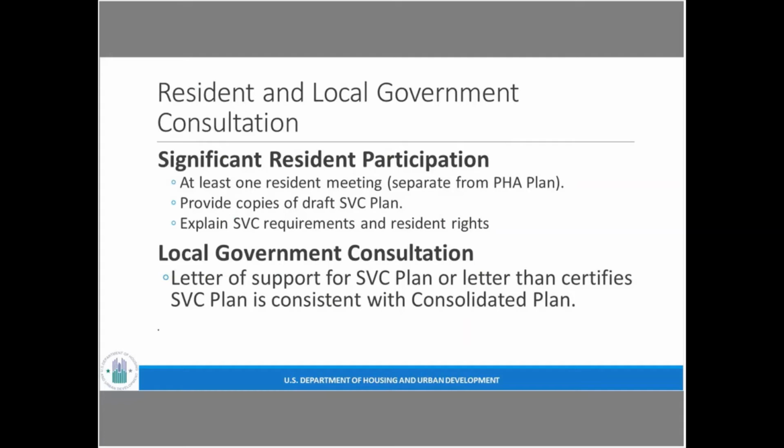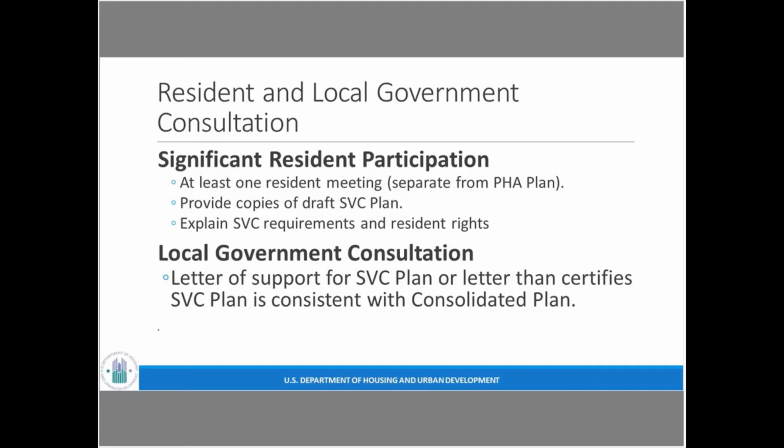So this requires at least one resident meeting that's separate from the PHA plan meeting, where the Housing Authority provides draft copies of the SVC plan to the residents and the resident council, if any, and explains the SVC requirements and resident rights.